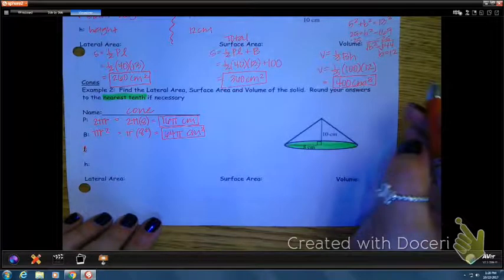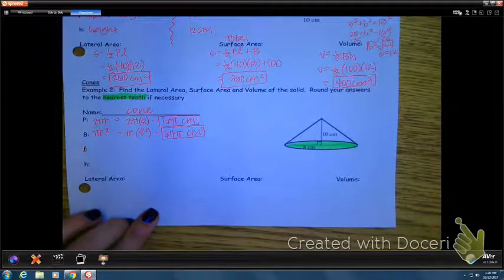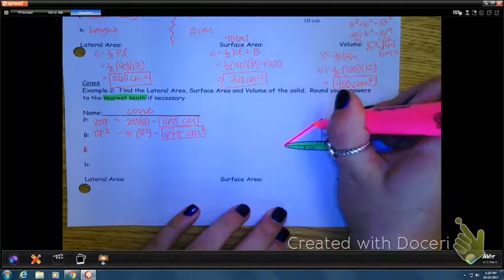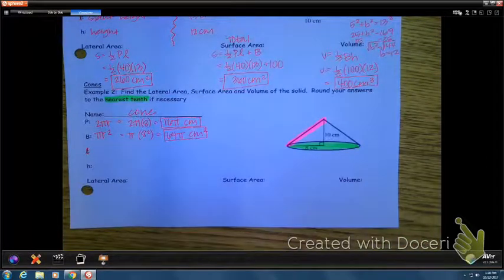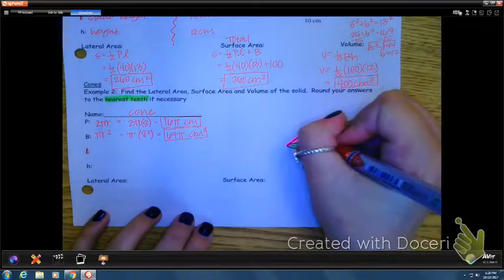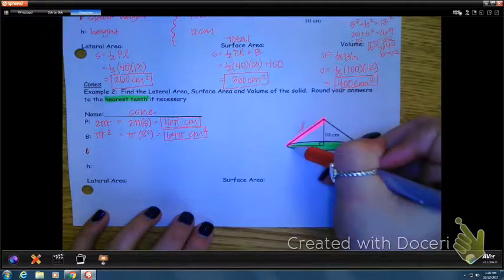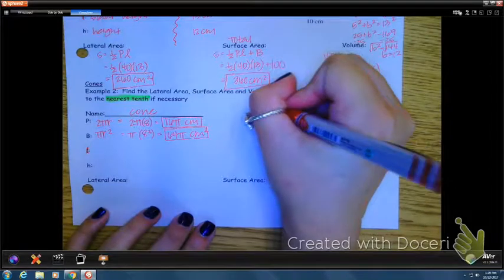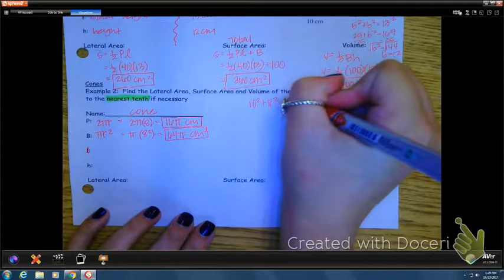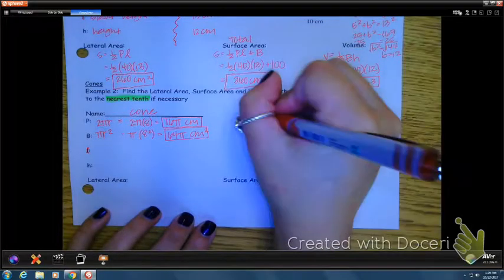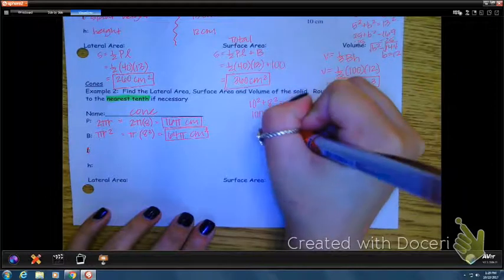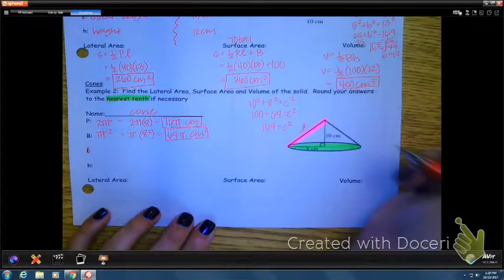Our slant height, again, we drew this on our picture in our notes last week. This is our slant height. We're going to use the Pythagorean theorem to find it. This time we're solving for a hypotenuse. So you have 10 squared plus 8 squared equals c squared. 10 squared is 100, 8 squared is 64. 164 equals c squared.